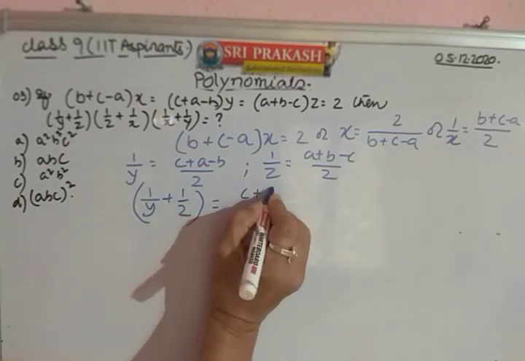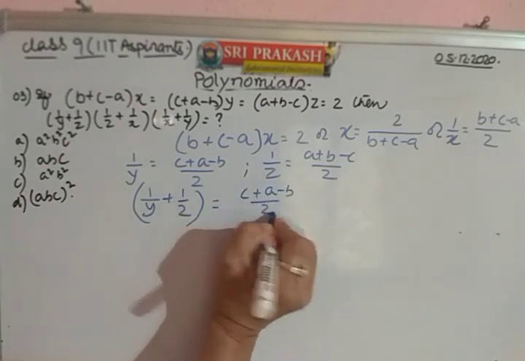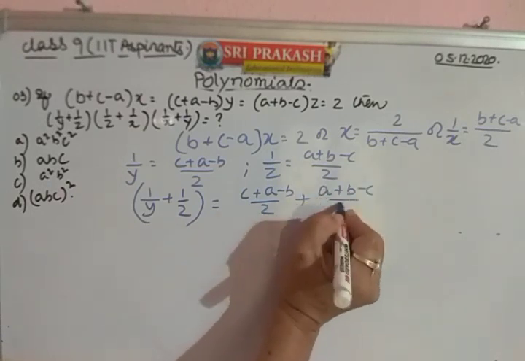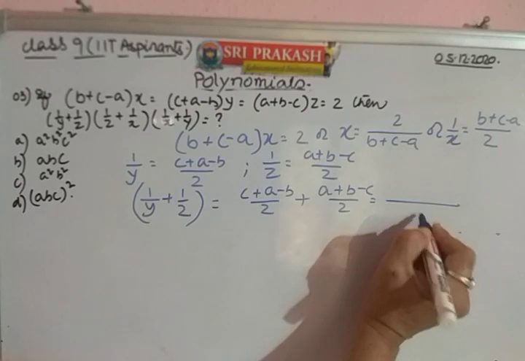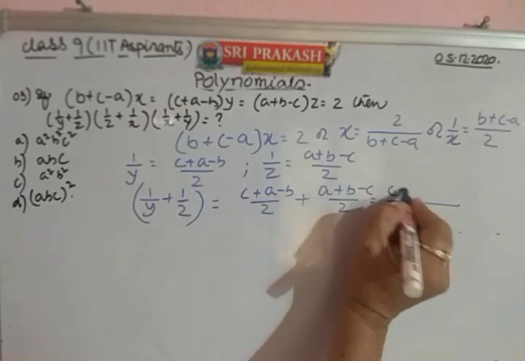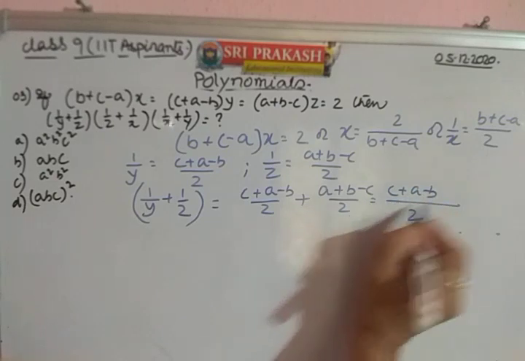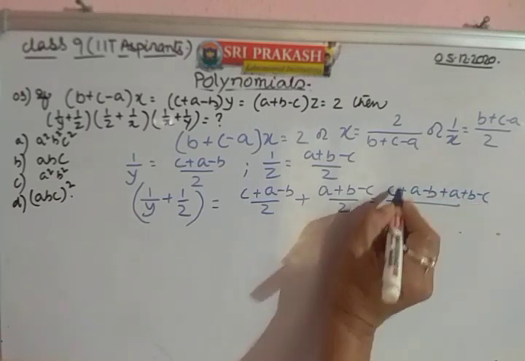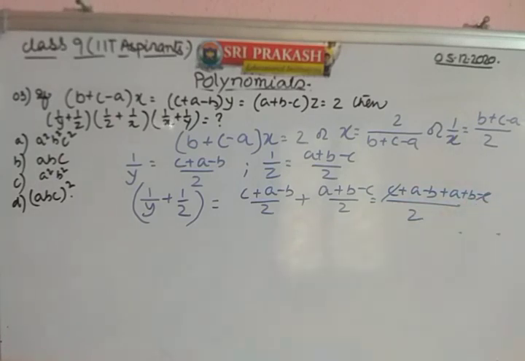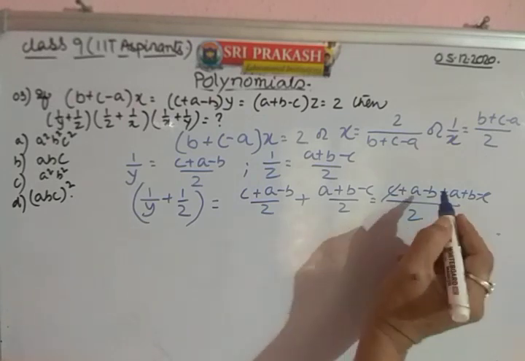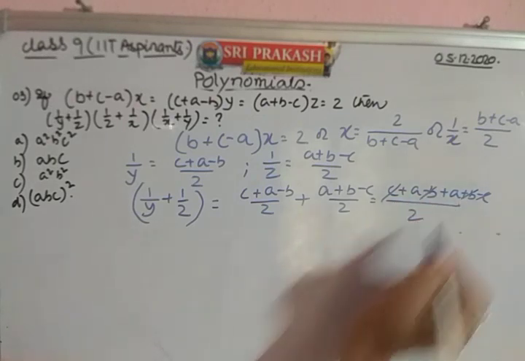That means c plus a minus b by 2 plus a plus b minus c by 2. What is your LCM? 2. So you get c plus a minus b plus a plus b minus c. C cancels and B cancels.